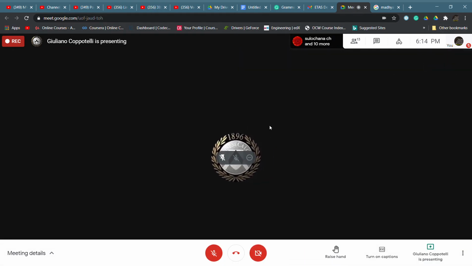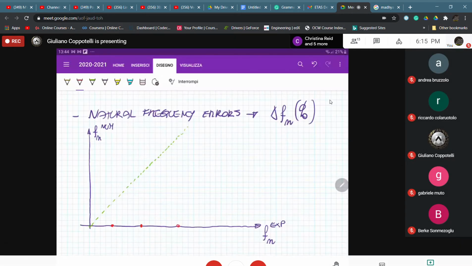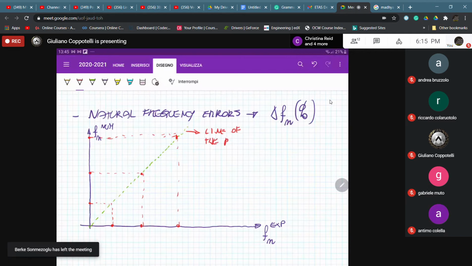And, for example, if we are having the frequencies like that, 1, 2, 3, those frequencies will align on this straight line, okay, and that is your perfect correlation. Okay, sorry, that is the line of the perfect correlation.